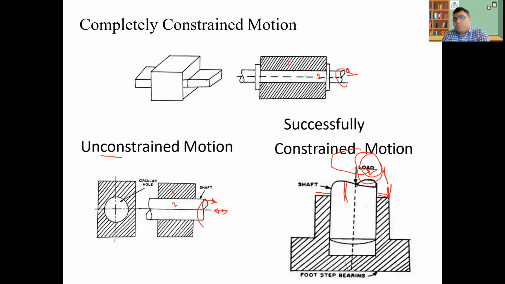Technically it could move in two directions, but due to the load from the upward direction it can't translate about the y-axis, so it has only one kind of motion. This is called successfully constrained motion.